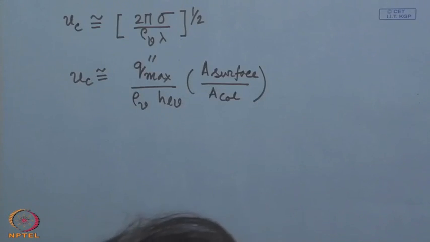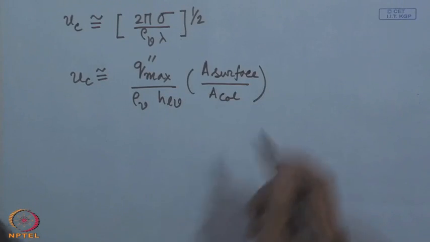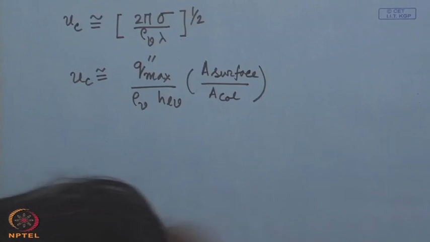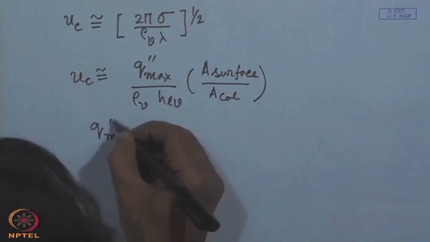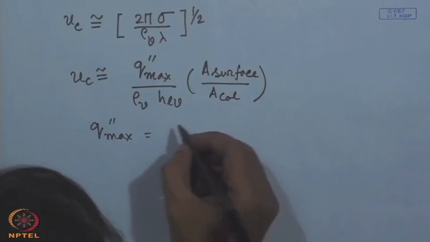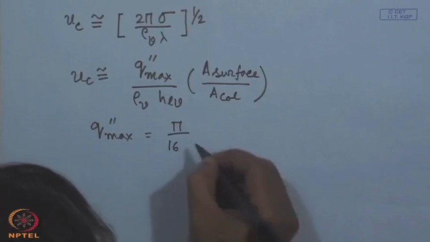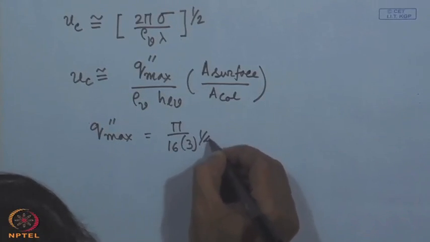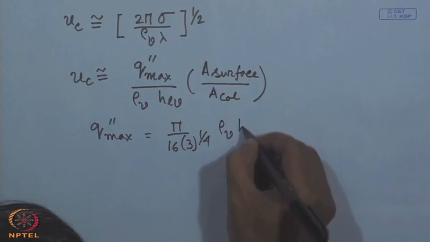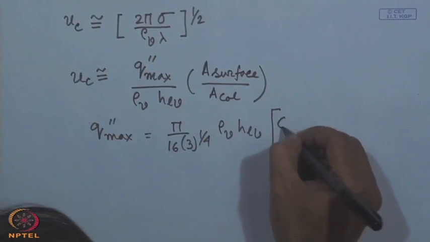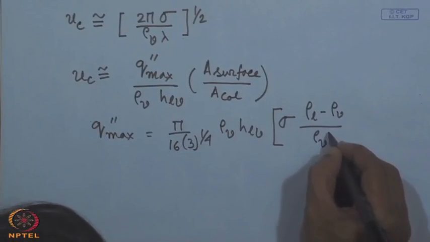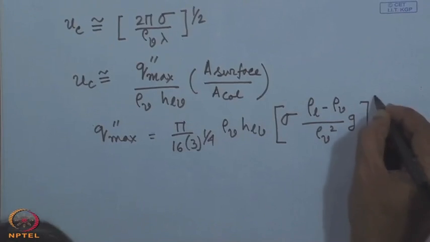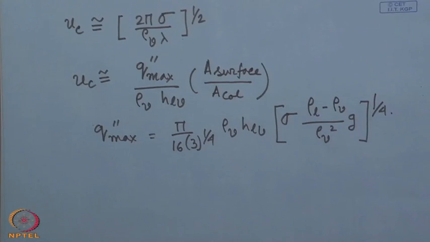So, basically with all sorts of simplification one can get Q max double prime equal to pi by 16, times rho V HLV, times sigma into rho L minus rho V by rho V square into G, whole to the power 1/4.